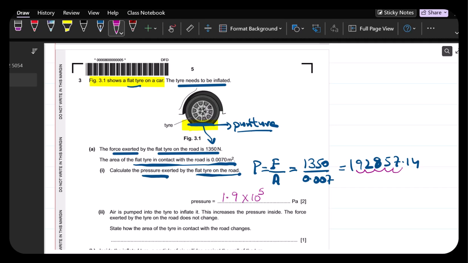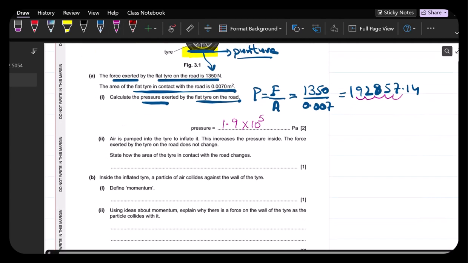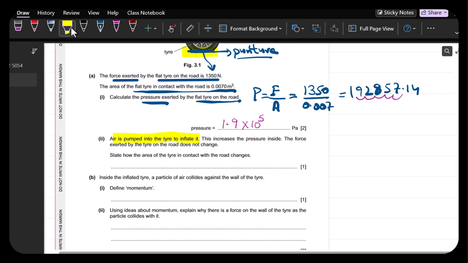So moving to part 2 of part A, air is pumped into the tire to inflate it. You can say it means air is filled into the tire.